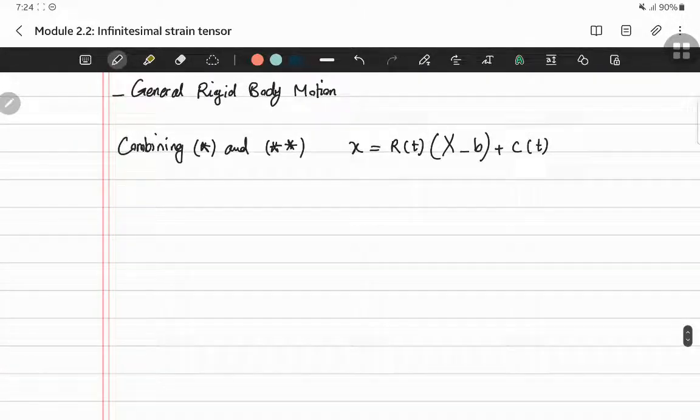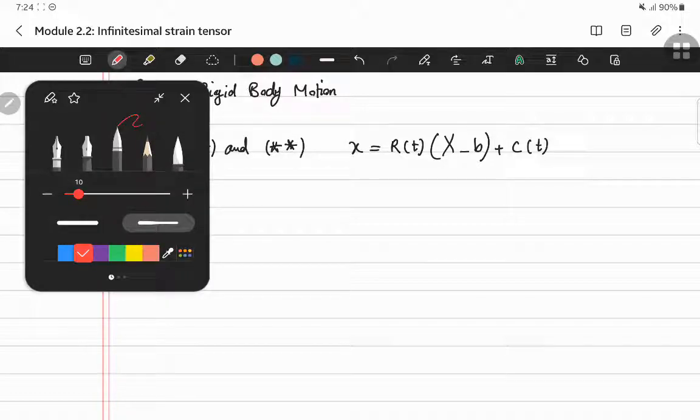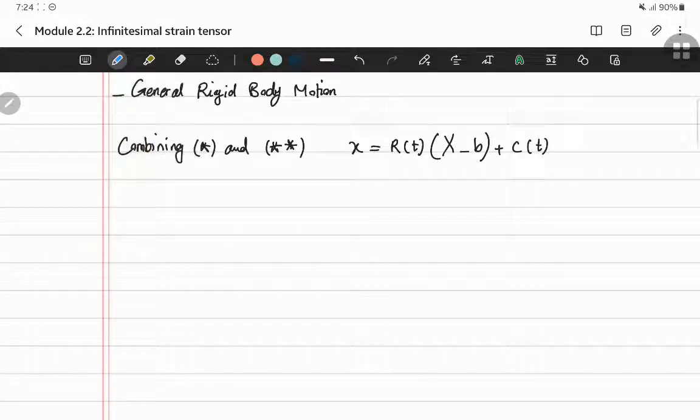And remember that the determinant of R(t) is equal to 1. This is an orthogonal tensor. All right, and now we're going to solve this example here because I guess that is also another important example.